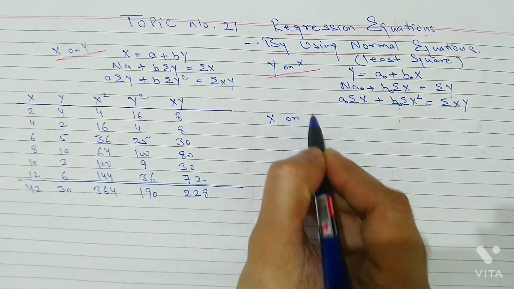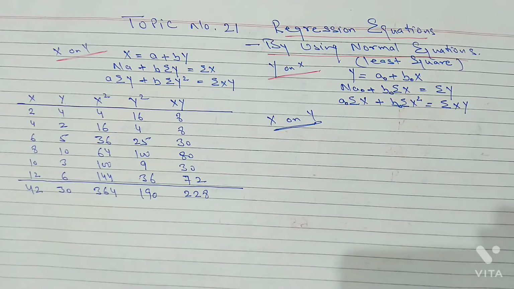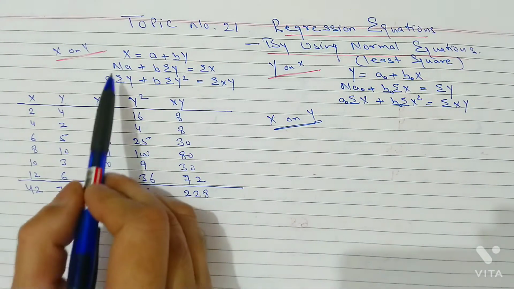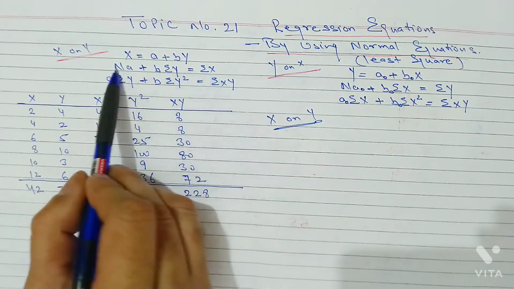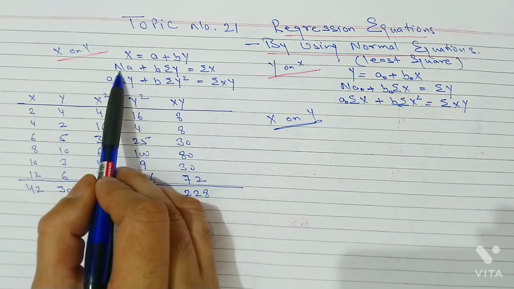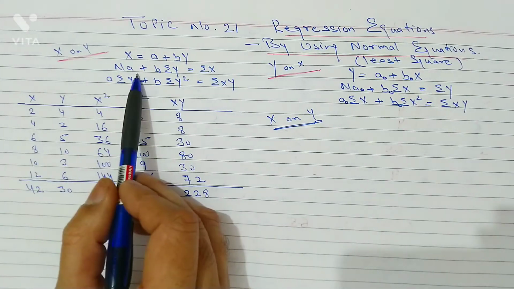Putting the values of n, summation y and summation x in this equation, n equals 1, 2, 3, 4, 5, 6. N equals 6.